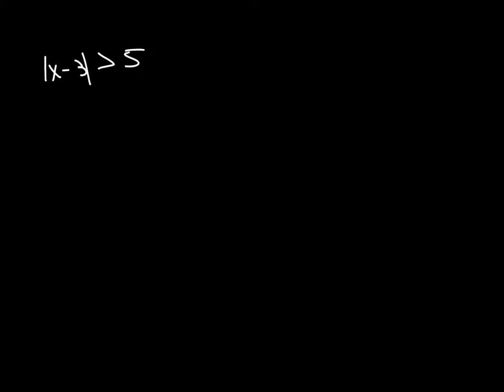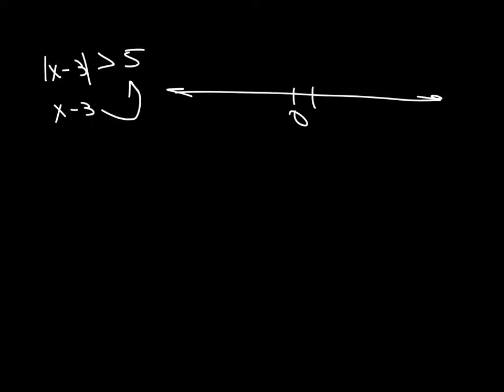Okay, so what this says is x minus 3 is more than 5 units from 0 on the number line. So again, if we were to look at x minus 3 on the number line, and we've got 5 and negative 5 here, what we're saying is that x minus 3 is bigger than 5. 1, 2, 3, 4, 5.